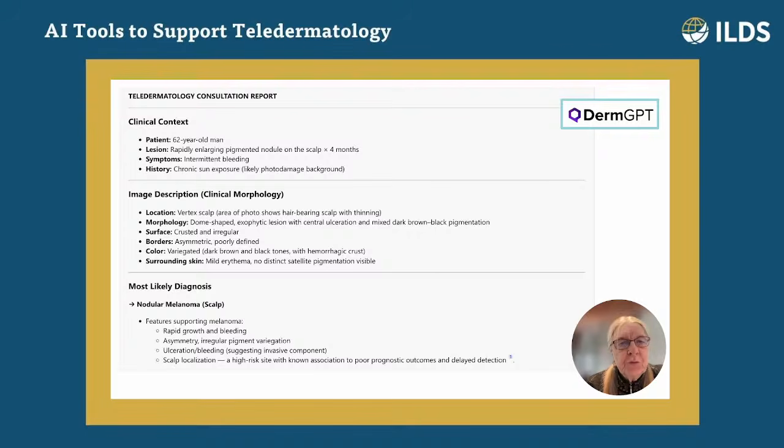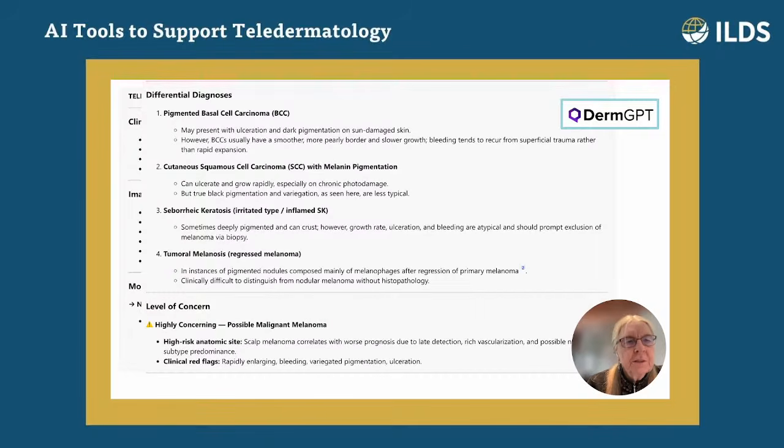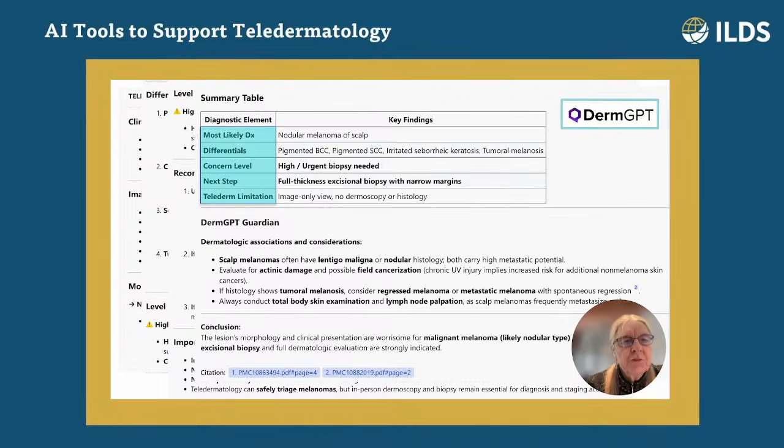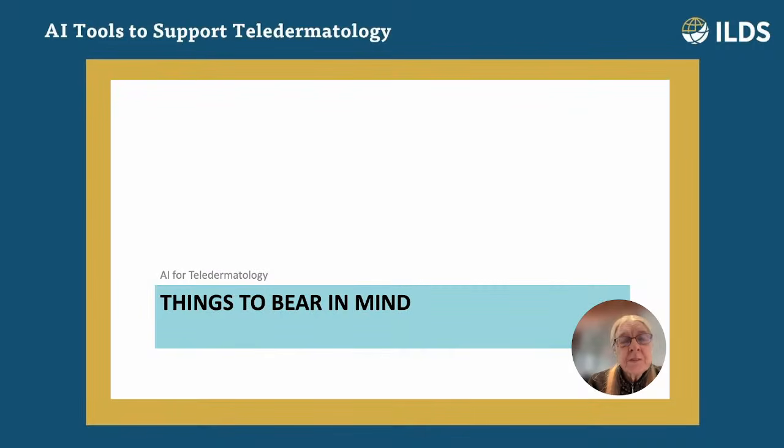Then I asked DermGPT, a specific GPT for dermatologic issues. This is a nice outcome, very neat, same content but expanded. Differential diagnosis, level of concern, next step, limitations, but adds a summary table.